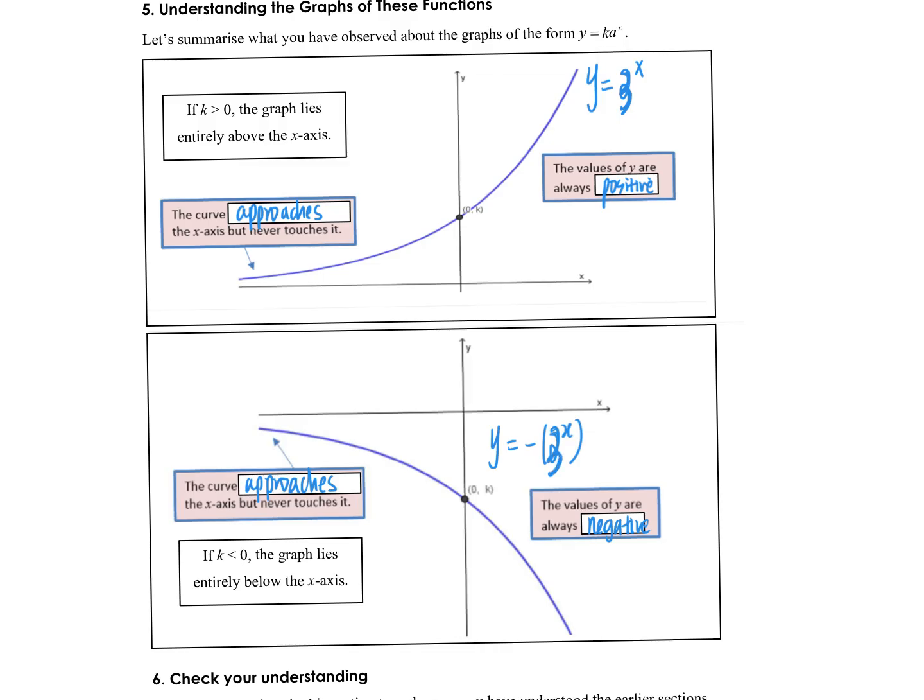Okay, so notice that the power is x and the base number is any constant. If you put y equals 3 to the power of minus x, then it flips this way, because positive x is here, negative x is on the other side.